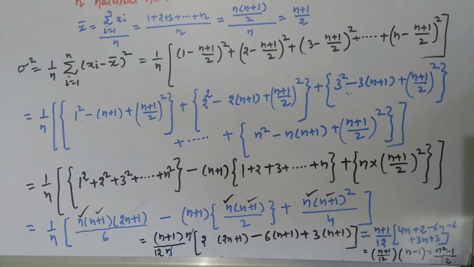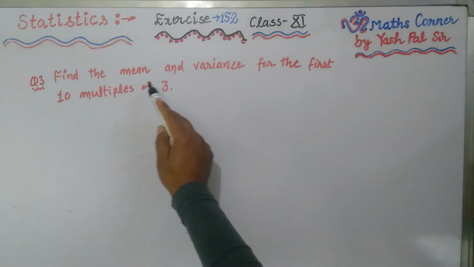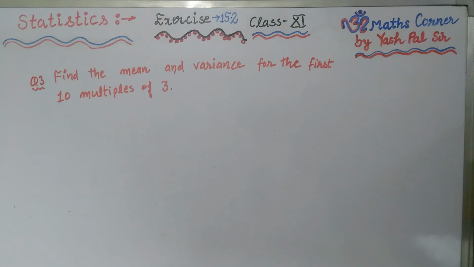Now next question, question number 3. Find the mean and variance for the first 10 multiples of 3. So what are the first 10 multiples of 3?